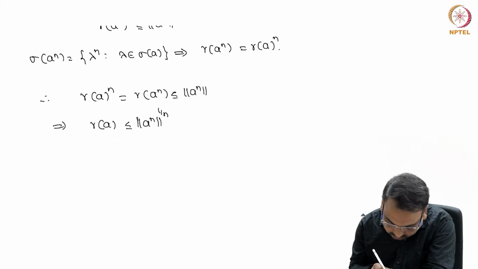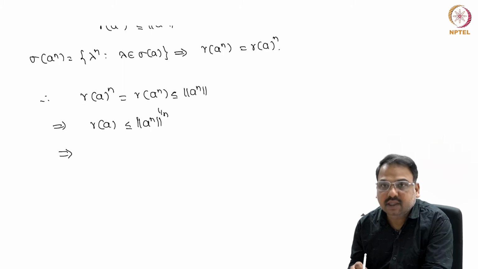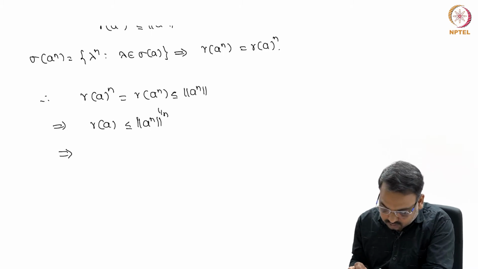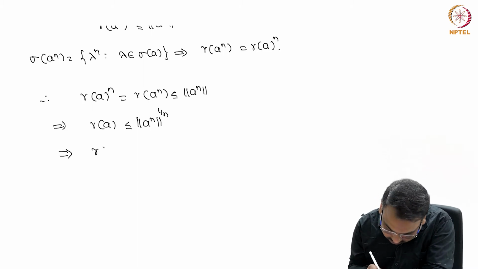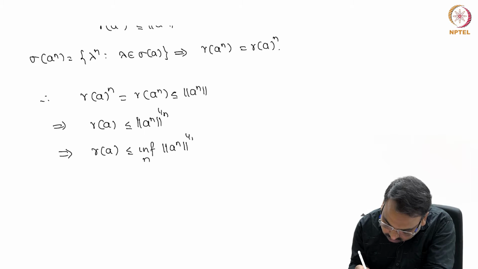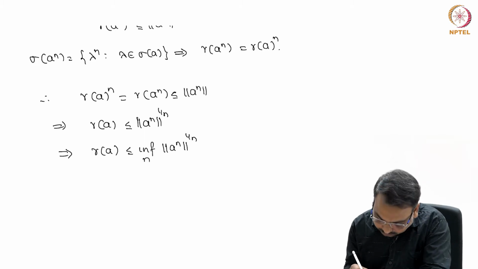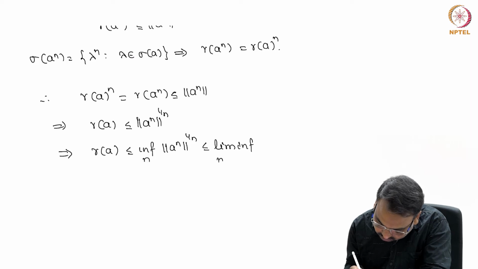So on the left hand side it is a constant, whereas the right hand side it is changing with n. So we can say that this is the infimum over n of norm A power n whole power 1 by n. So this is less than or equal to the limit infimum of it.